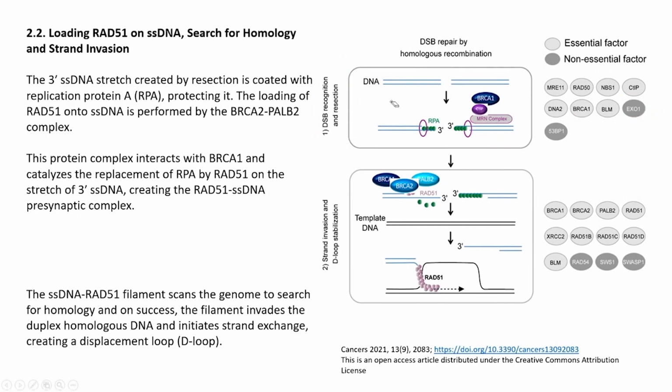The second step is the strand invasion and D-loop stabilization, where BRCA1, BRCA2, PALB2, RAD51 and so many different players are critical for carrying the process forward, while these 3 molecules at the end are non-essential factors.